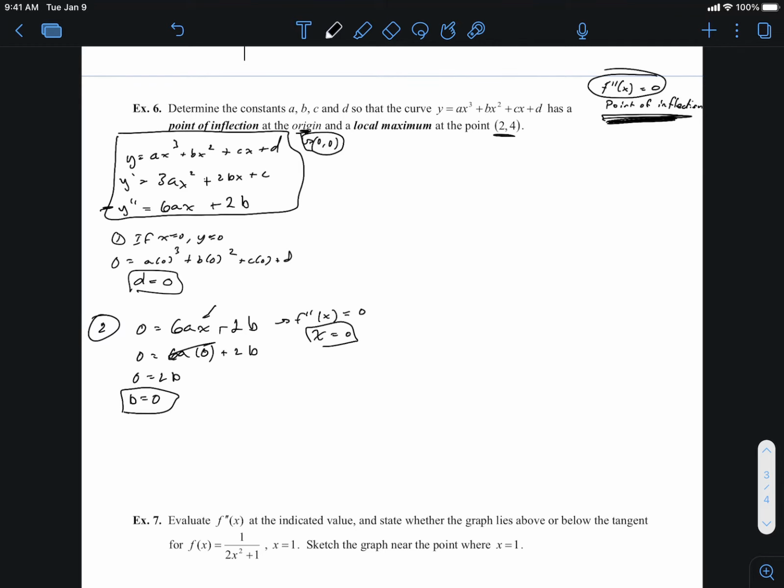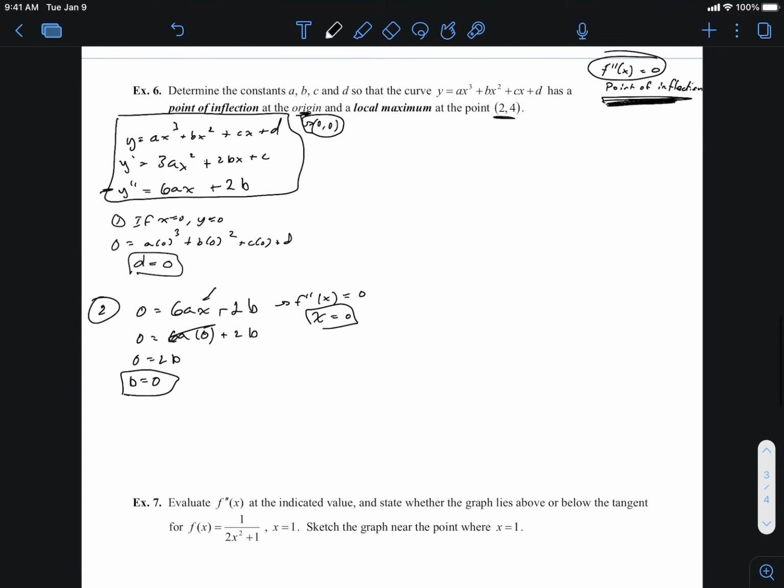So we know number 3 here is going to be, we know x equals 2 and y equals 4. Okay, so take your original equation, and plug it in. Or sorry, y. Won't call it f of x, we'll call it y.